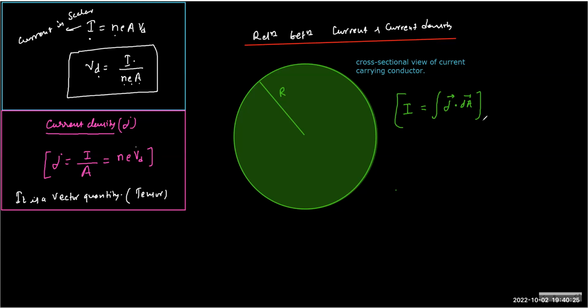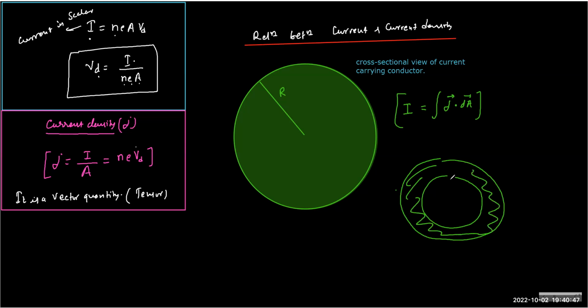Is it flat or is it curved? What kind of curve is it? Okay, let me draw this. So we have the medium here, and this is how the current is flowing.